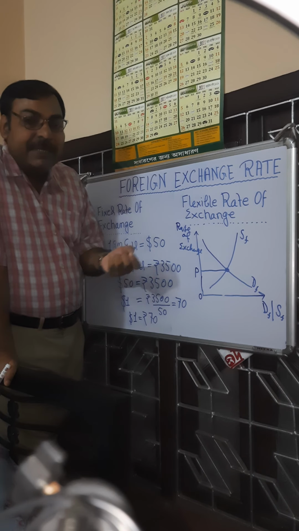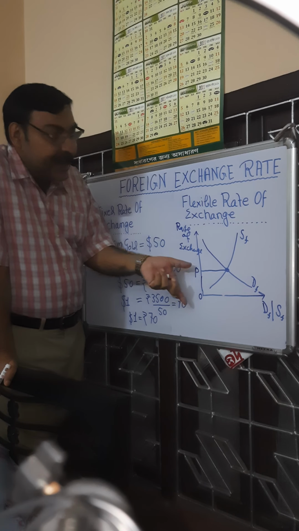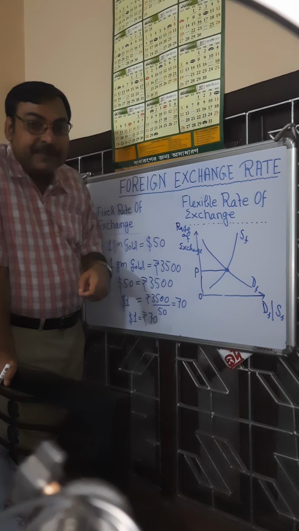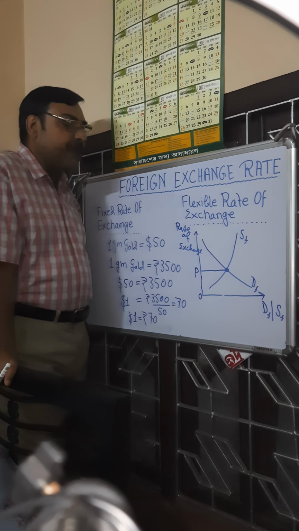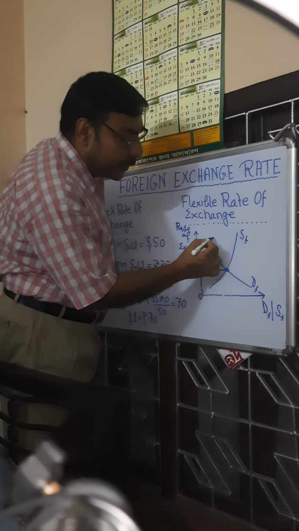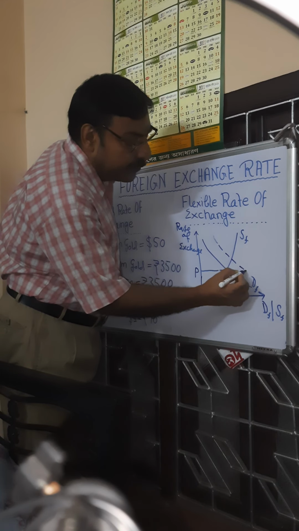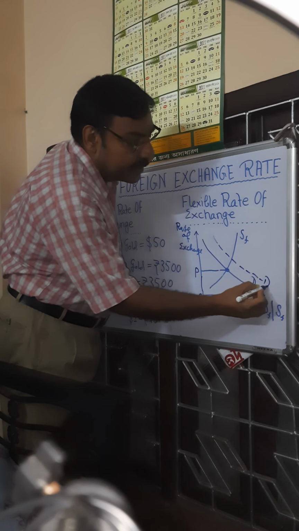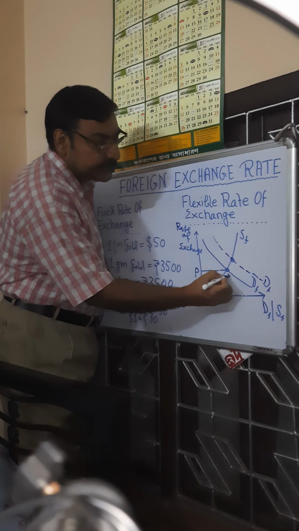When demand for and supply of foreign currencies are changing, along with that, rate of exchange will also change. And that has some implication. Suppose for some reason demand for foreign currency has been increased, and there will be a forward shifting of the demand curve. New equilibrium point here.